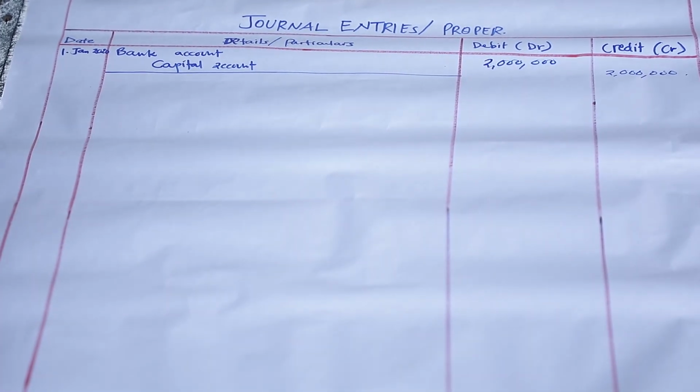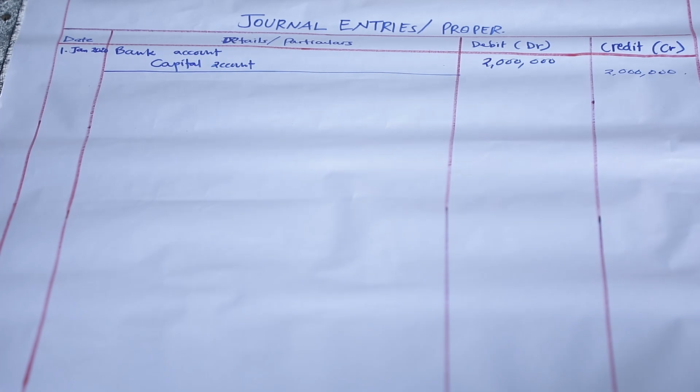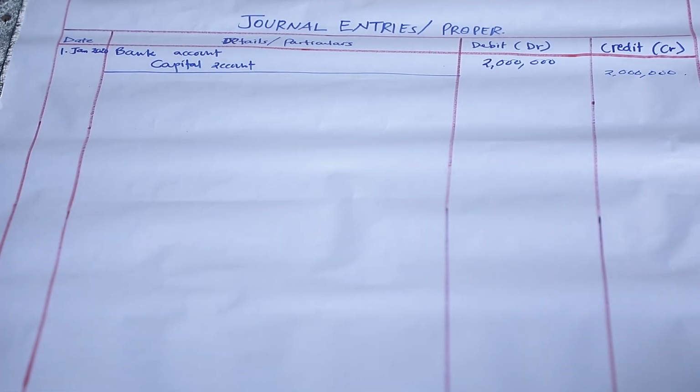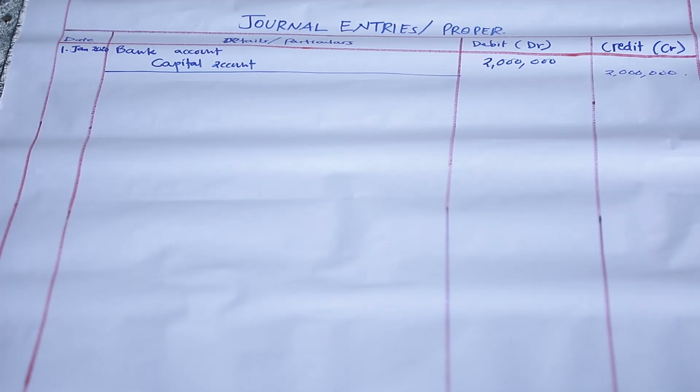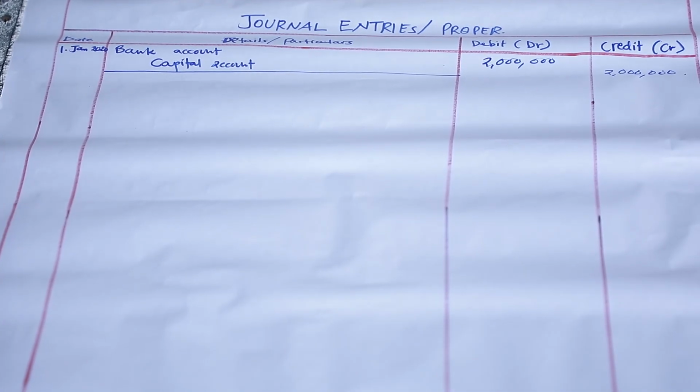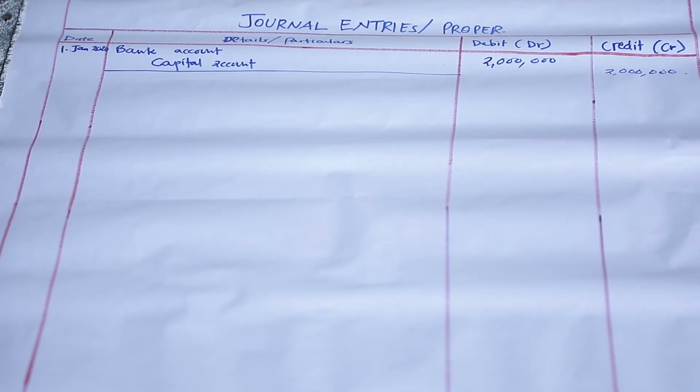So the second entry will be on 4th January, whereby we purchased a machine worth 200 million on credit from Alpha. So here we'll have two accounts. We'll have the machine account, but also we're going to have the accounts payable account or creditors account, which will be Alpha.